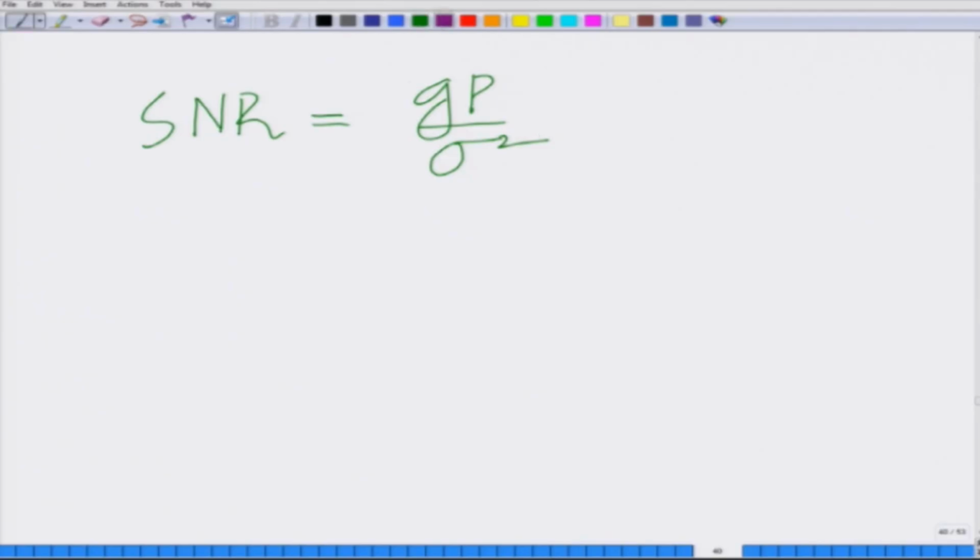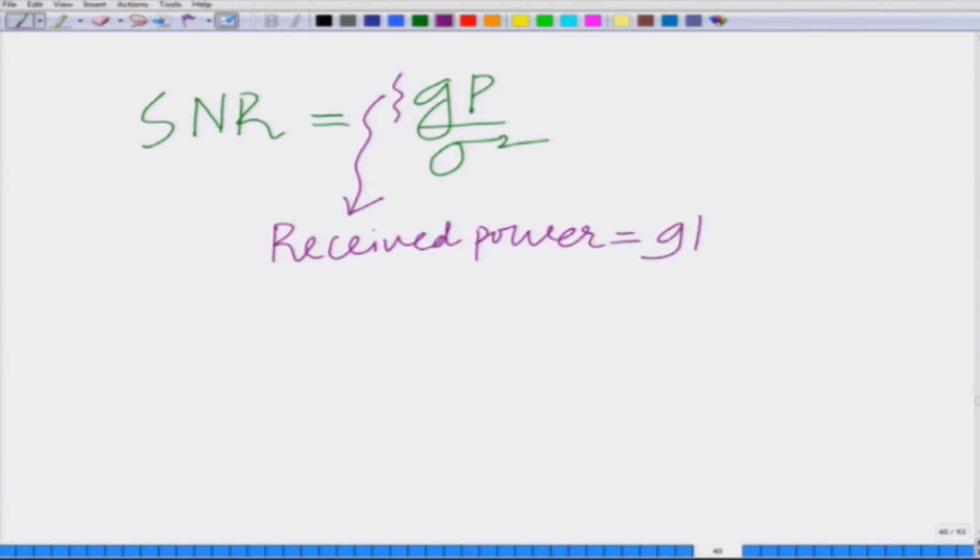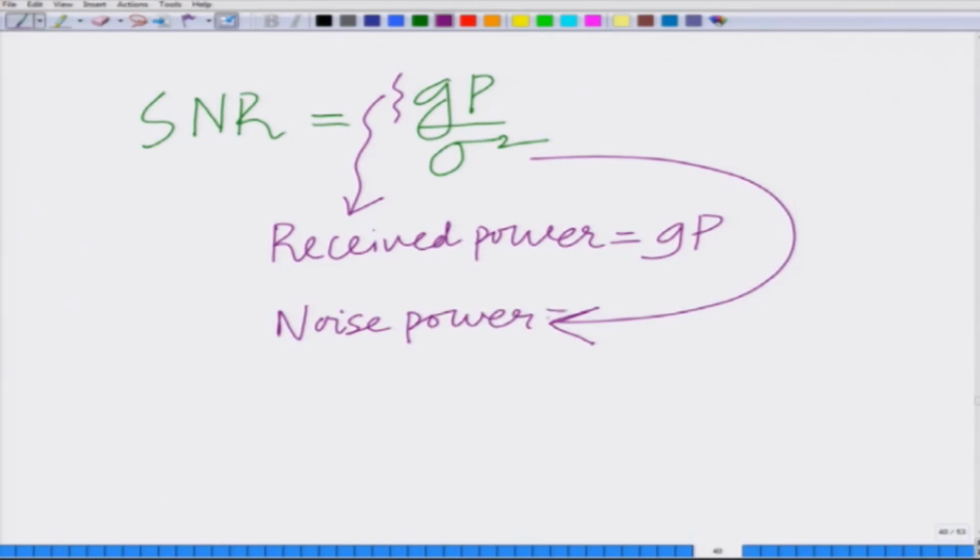So, one can think of this as the received power equals G times P, and the noise power equals sigma square.